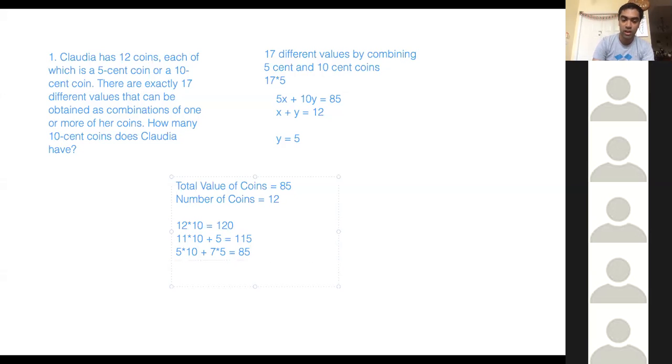So Claudia has 5 10-cent coins. Any questions on this? Okay, let's move on to the next question.